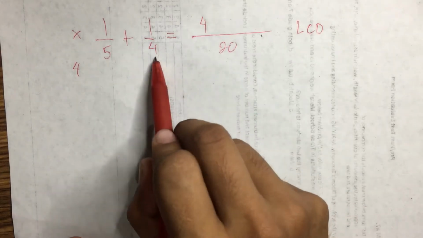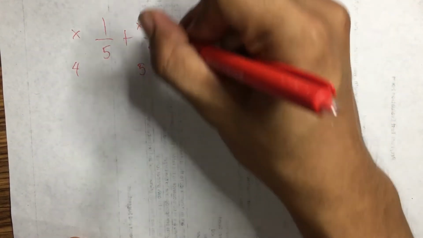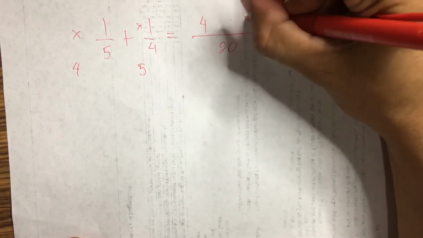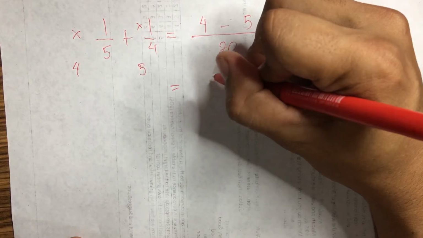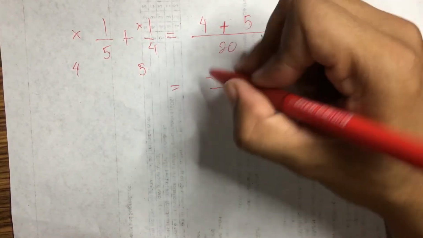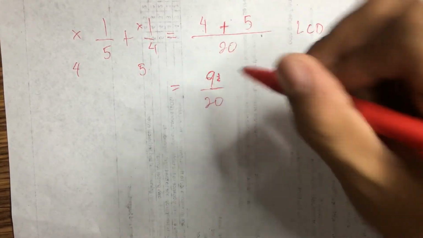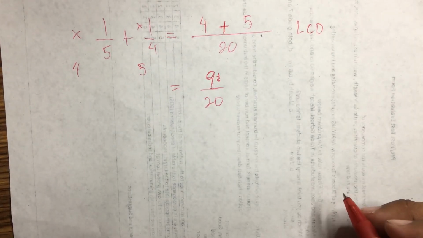Next, 20 divided by 4 is 5, times 1 on the numerator is 5. Then 4 plus 5 over 20, that is 9/20. So that is now our answer.